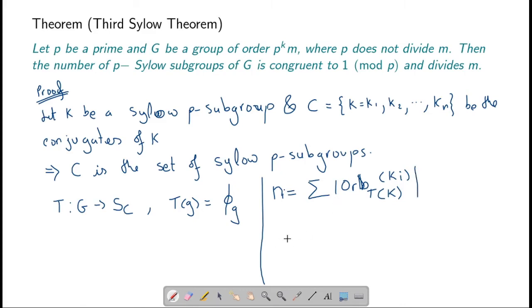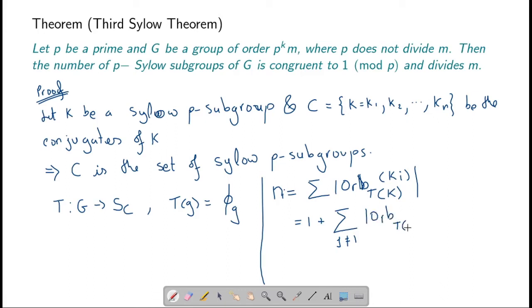Okay, let us notice this here. If i is 1, the orbit of K is going to be just 1, because K is a subgroup of itself, and the number of elements in the orbit is 1. So this will basically be 1 plus the summation where j is not equal to 1. These are again distinct orbits.